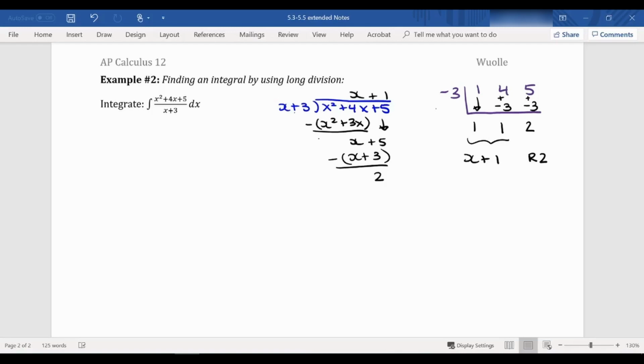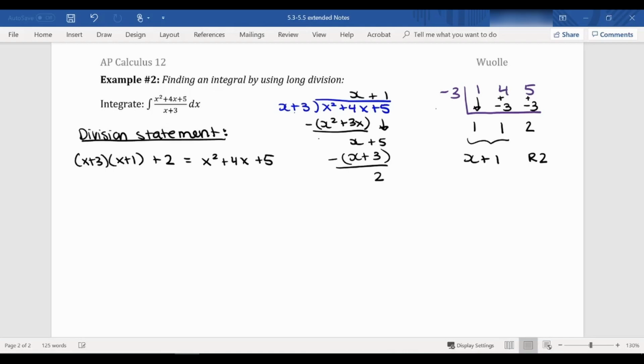So what that means, if we recall from Math 12, is that we have a division statement. It says x plus 3 times x plus 1 with a remainder of 2 is equal to x squared plus 4x plus 5.